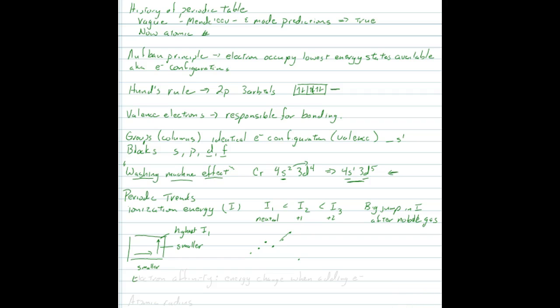Electron affinity is the energy change associated with the addition of an electron. Now this might be positive, it might be negative. It's the opposite of the ionization energy.